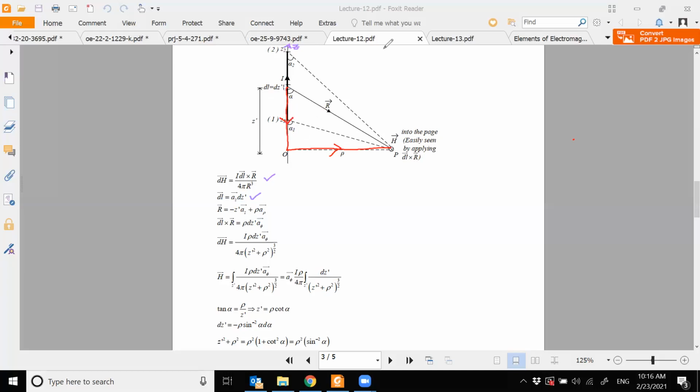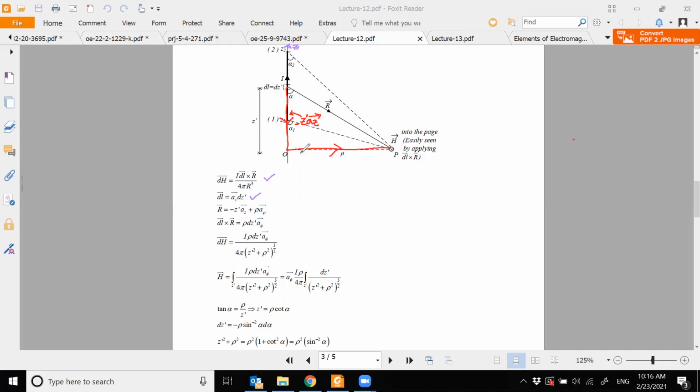Yes, Mr. Saif Al-Zahrani, can you tell me what will be this vector? Is it minus AZ? Yeah, it will be minus AZ, but what is its length? Z prime, right? So this one will be Z prime minus AZ. Okay, and what about this vector? Yes, Mr. Thabit, can you tell me?